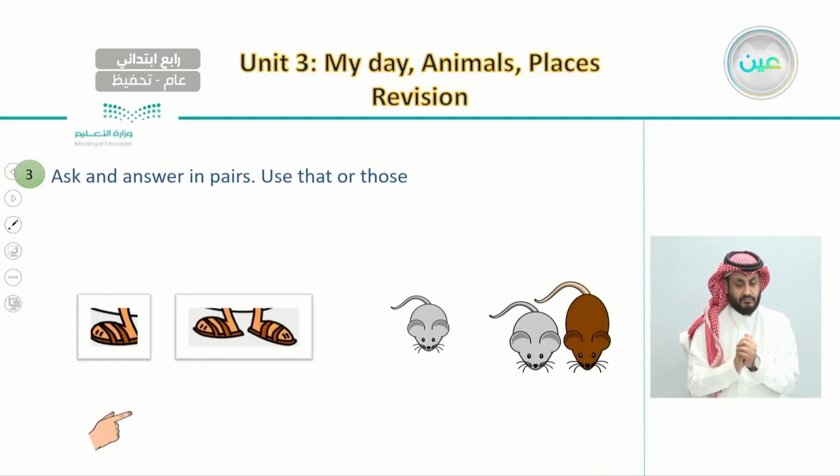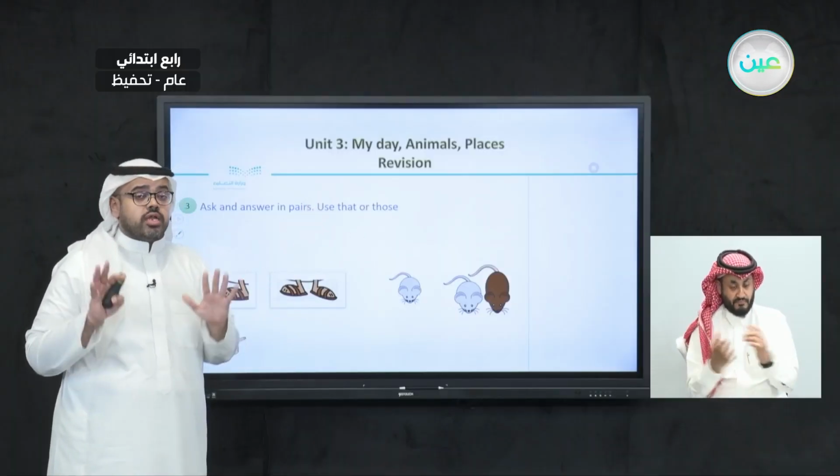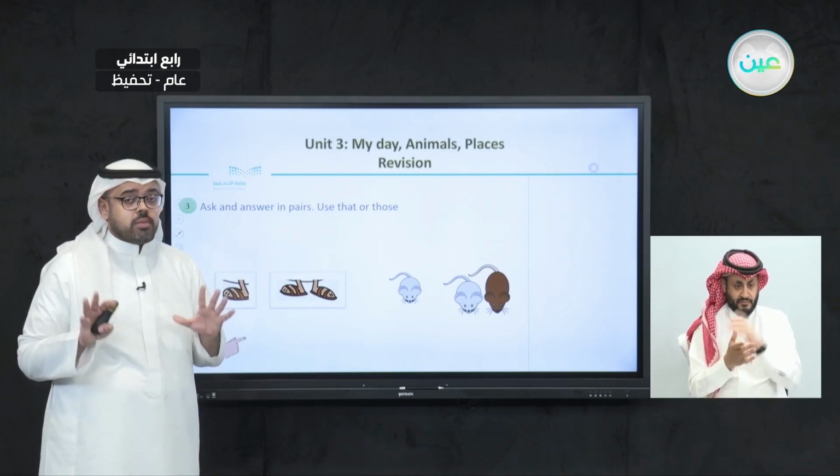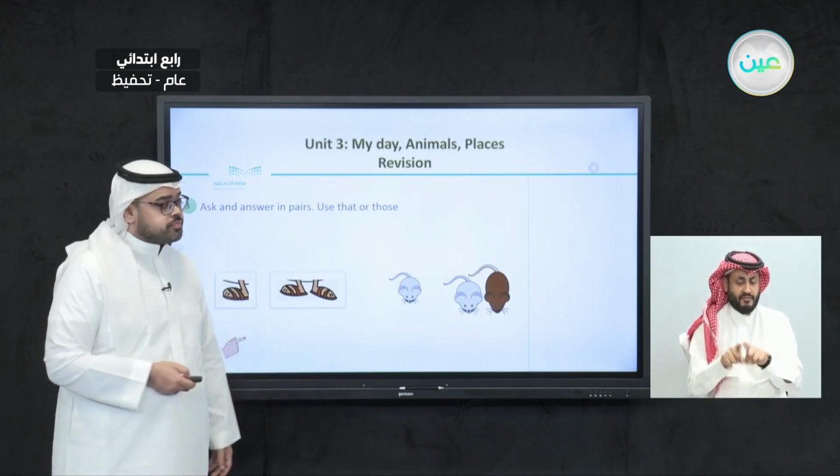The same goes with the third picture. Here, because I have only 1 mouse, I would say, what is that? And in the other picture, I have 2, and then I would say, what are those? So this is the difference between that and those, and it is very important that you practice these differences with a partner.